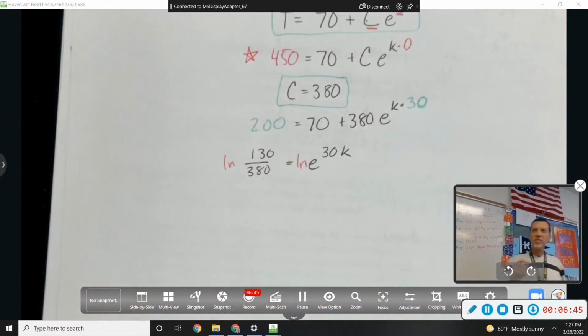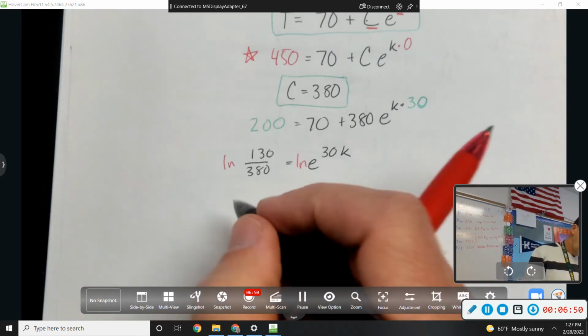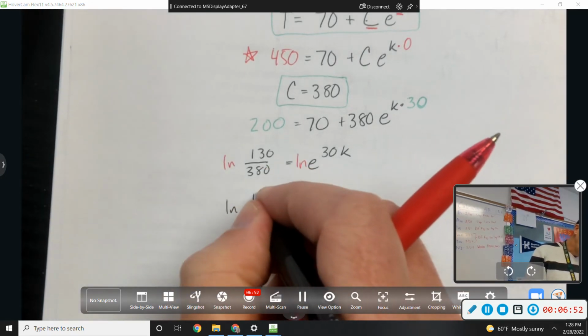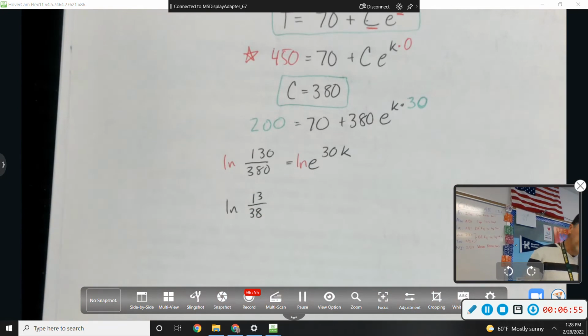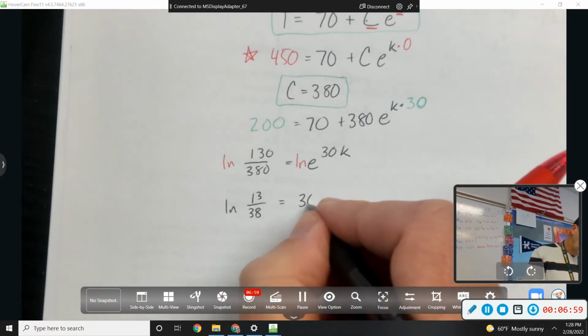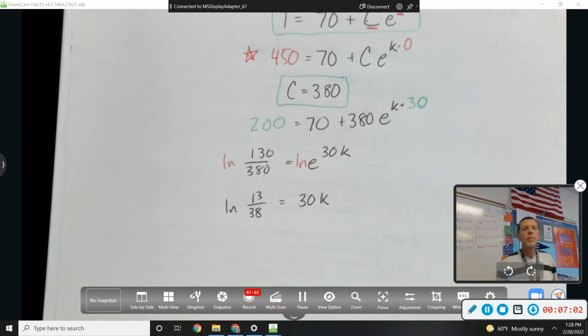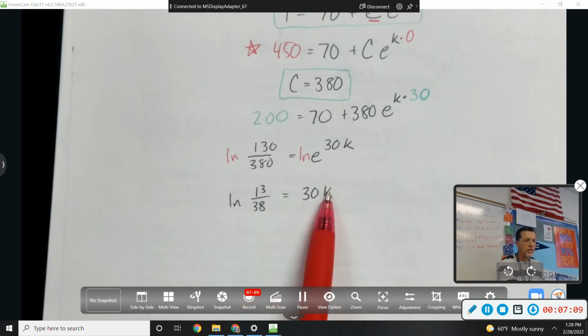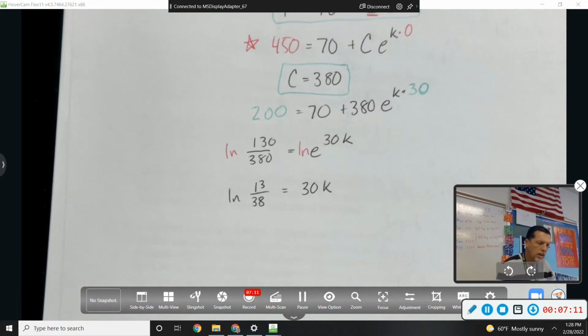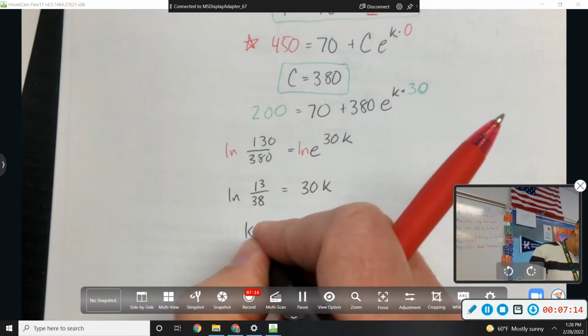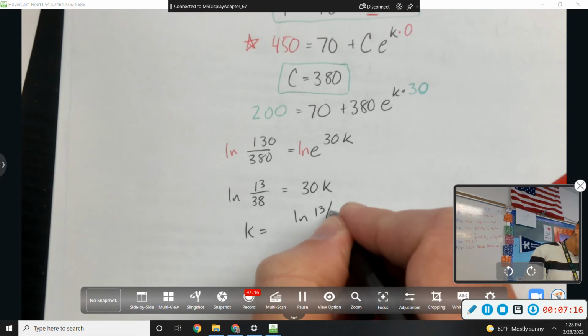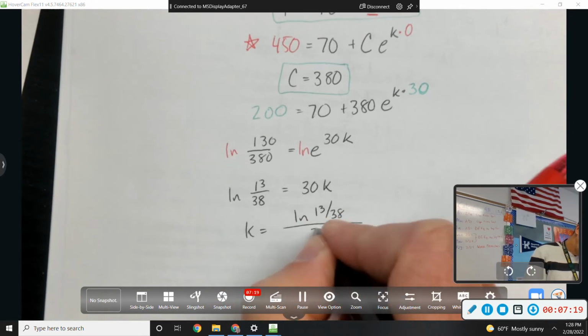Some people phrase it as undoing the fish hook. Natural log of, I'm going to reduce that, save myself a little bit of work here, 13 over 38 equals 30k. Yeah, easy check. If you fish hook that, you'd get right back where you started with. E to the 30k equals 13 over 380. So k is natural log 13 over 38 all over 30.